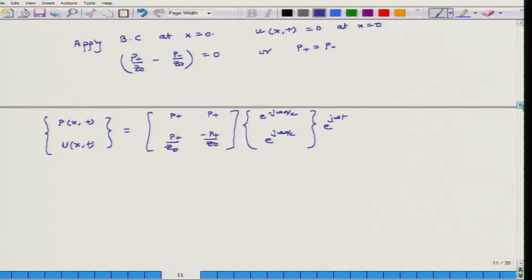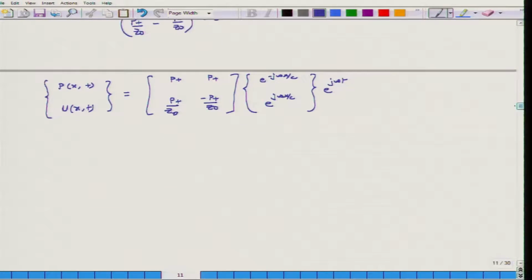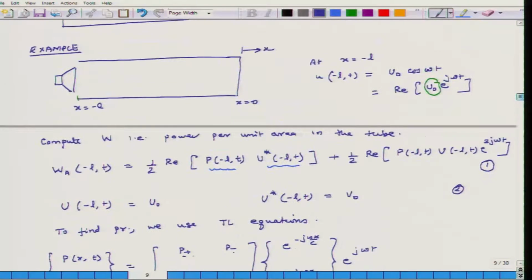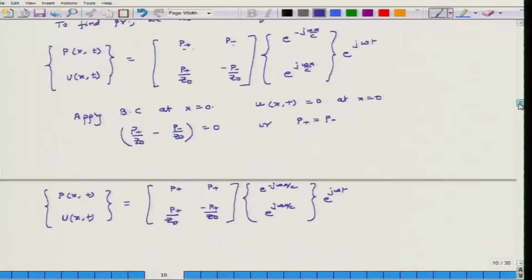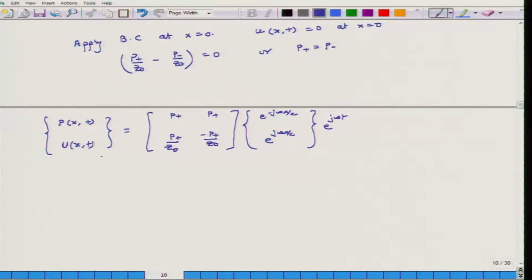So, we have applied one boundary condition, and then the second boundary condition we have to apply is the condition for x is equal to minus L. So, now we apply the second BC at x is equal to minus L: u minus L t is equal to u naught cosine omega t.